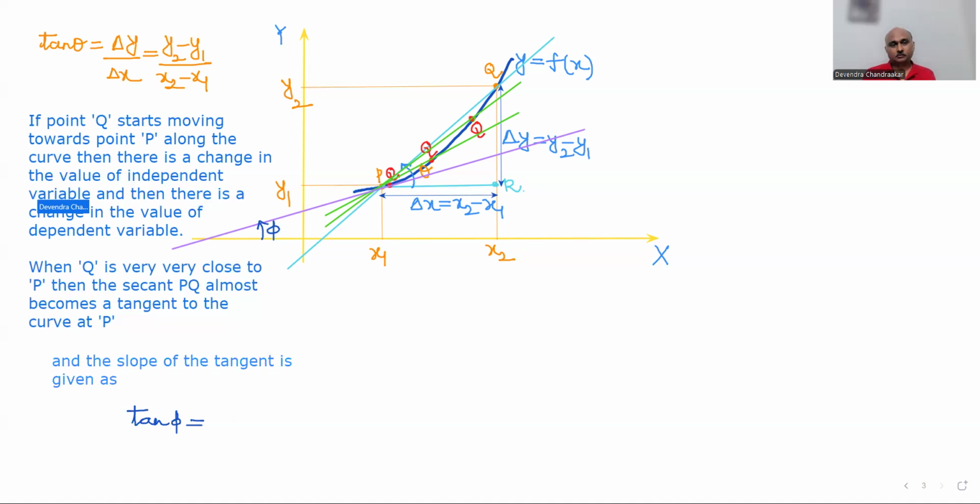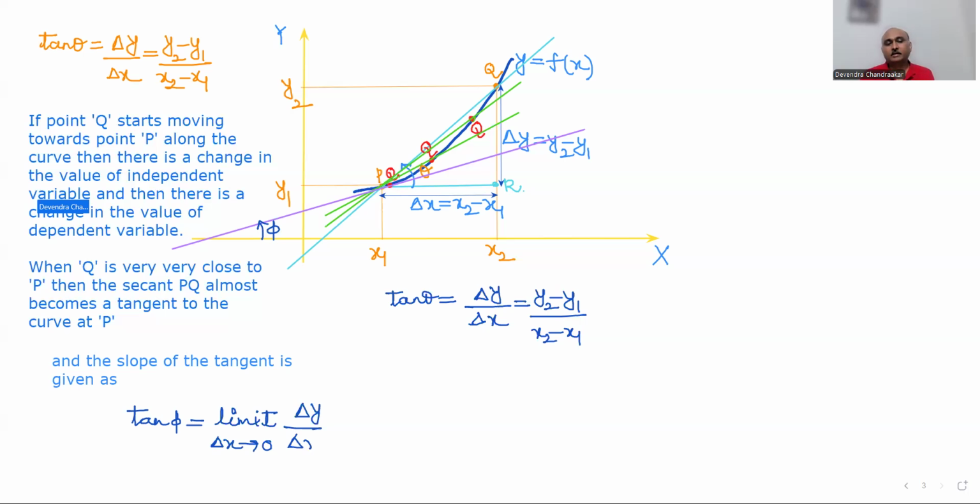Which is equal to, क्या होगा बेटा? The tan theta, the slope of the secant, was what? It was delta y by delta x, right? Which was y2 minus y1 upon x2 minus x1. This was it, right? So tan phi will be the limit as delta x tends to 0. We call this the limit as delta x tends to 0 of delta y by delta x.